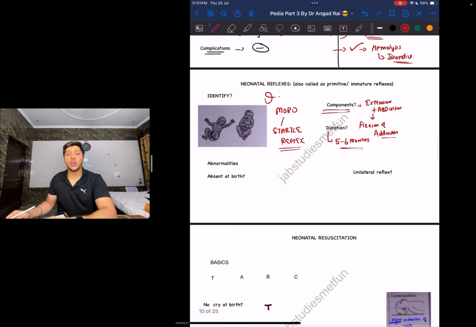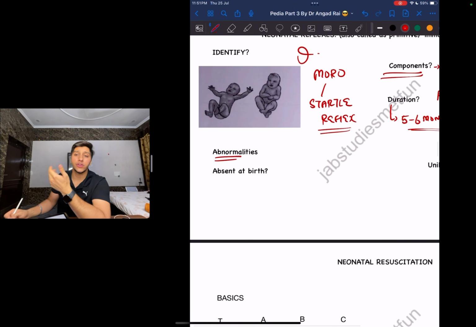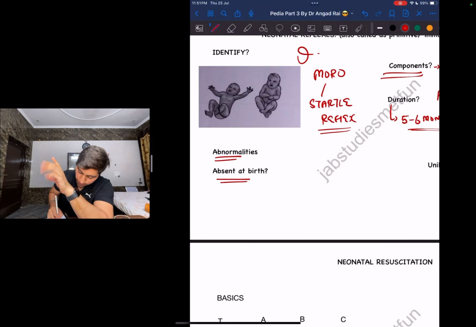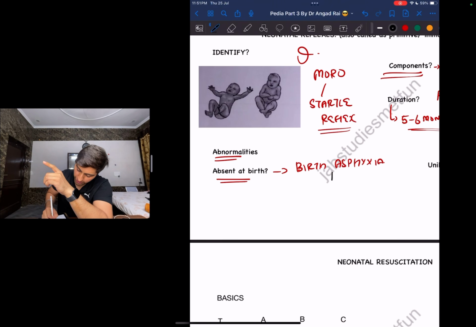Okay. Now let's talk about the abnormalities. When you check for reflexes, if you find out that the Moro reflex is absent during birth, the most common cause of absent Moro reflex at birth is birth asphyxia. And what is the most common cause of birth asphyxia? I already told you, that is hypoxic ischemic encephalopathy.